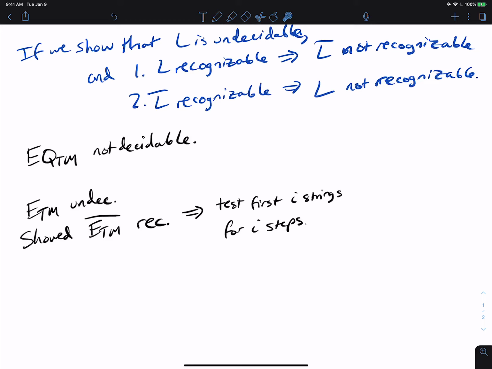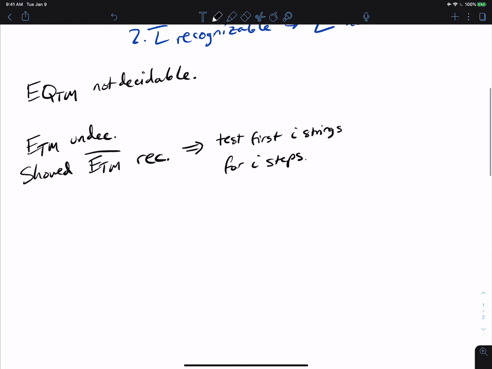So ETM bar is recognizable, and that would imply that ETM itself is not recognizable.